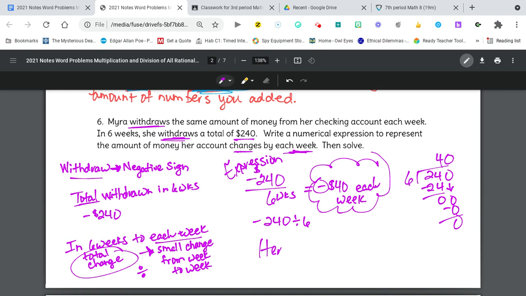Her account, and don't say changes by, because changes could be positive or it could be negative. So I got to use a word that indicates that it's negative. So I can say her account decreases by $40 each week.